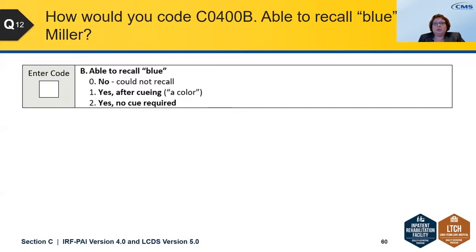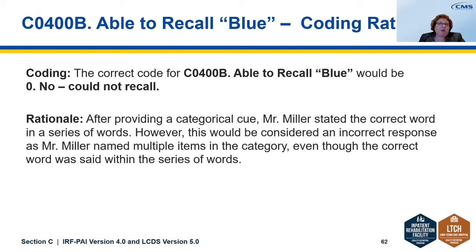Okie doke, let's take a look at those polling responses. Most of you said that he could not recall, so it was 0, no, could not recall. And that indeed is the correct answer, no, could not recall. Now, after providing a categorical cue, Mr. Miller stated the correct word in a series of words.